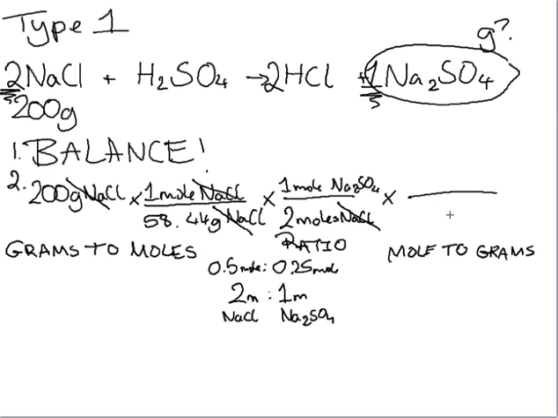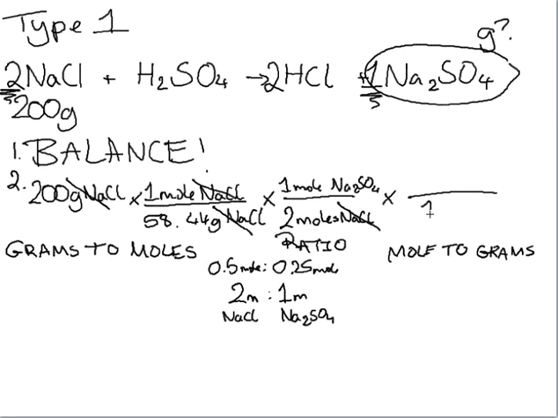We need to cancel out this, right? We've canceled out this and we've canceled out this. Now we need to cancel out the moles of Na2SO4. Would we put the mole here, or the grams here, or the opposite way? If we're trying to cancel out this, we'd put the mole here.